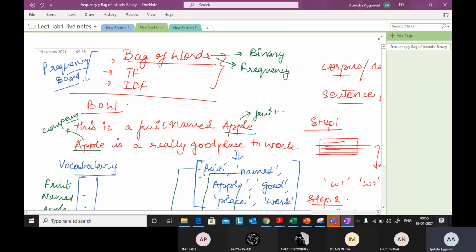Apple is a really good place to work, and this is a fruit named apple. So this apple is a fruit, and this apple is a company. There is a difference in the meaning of that word, right? Bag of words is not able to differentiate. It will count apple as two. It will not differentiate that this is talking about a company and this is talking about a fruit. So this is a disadvantage. There is no semantic meaning of the word that is retained.